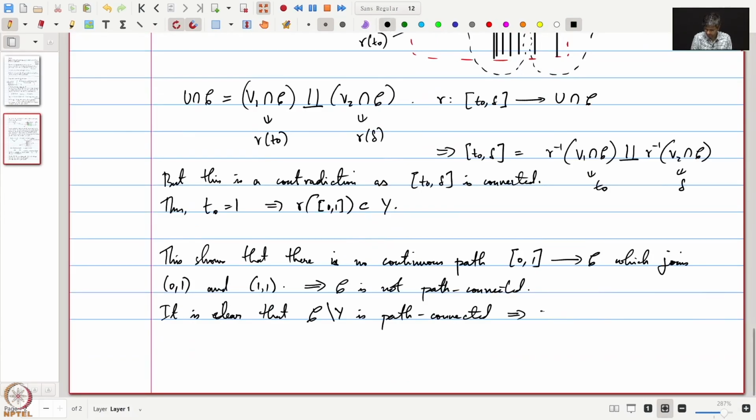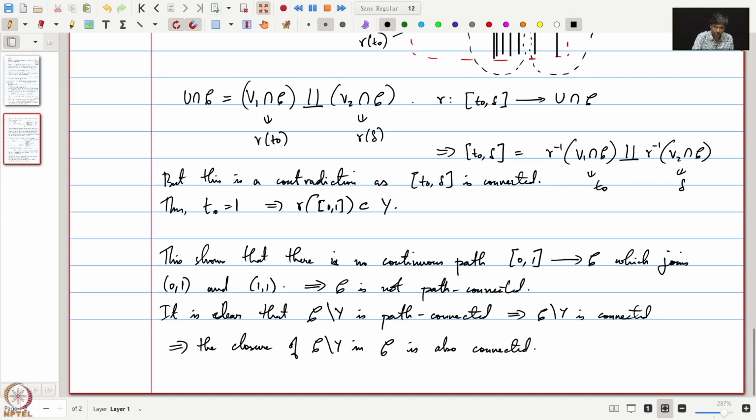So this implies that C minus Y is connected, right? And so this implies that the closure of C minus Y in C is also connected, because if we take any subspace A, then its closure is also connected.